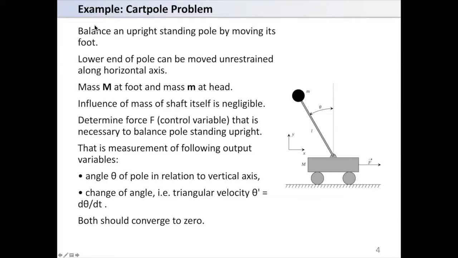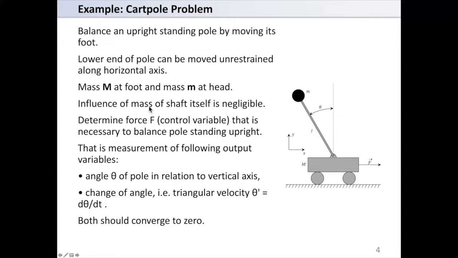As an example, we are going to consider the Cartpole problem. It requires balancing an upright standing pole by moving its foot. The lower end of the pole can be moved unrestrained along a horizontal axis as shown here. The mass of the foot is m, and also the mass of the head is m.